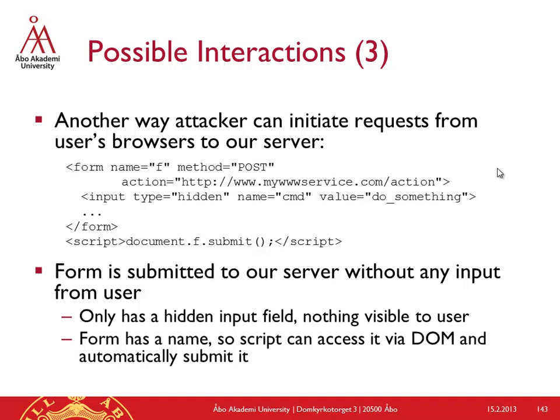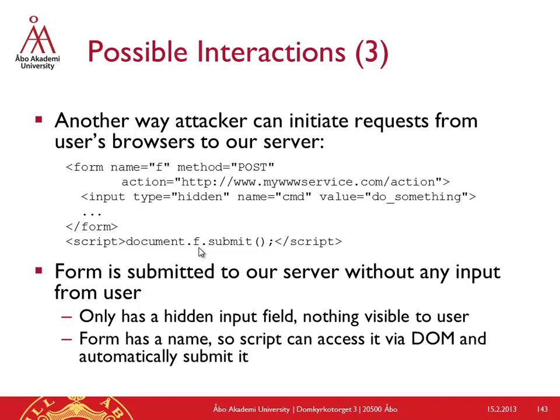Another option is to use a form, because in this particular example we have a form which sends a request with method post to our website, and it contains a parameter with the name cmd with a value of do something. And this particular request from this form will be submitted transparently from the user.